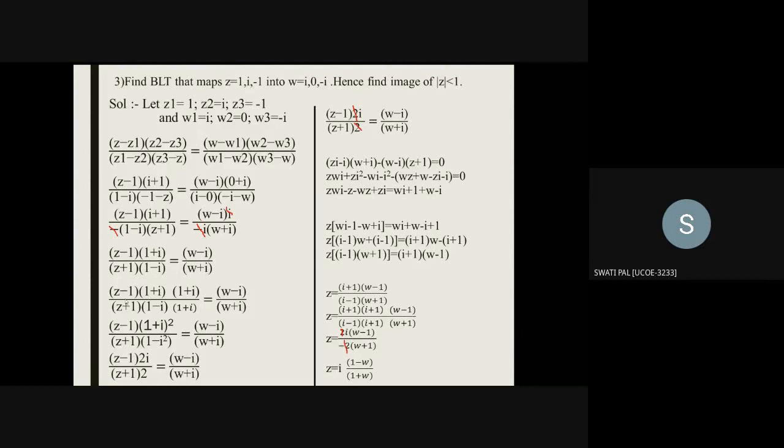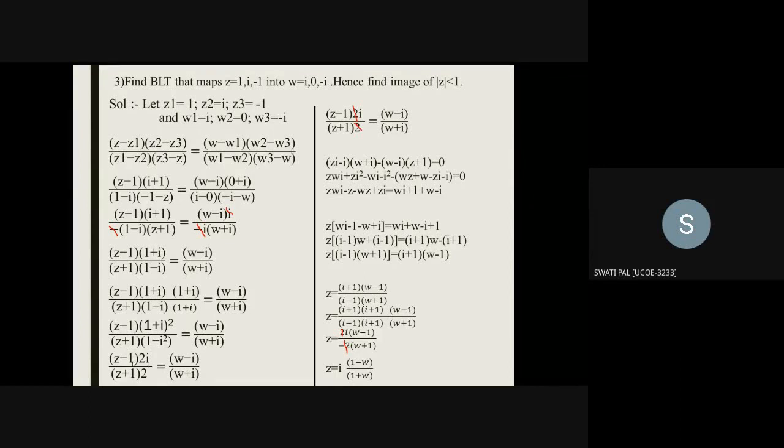Now we will use the rationalization property on the left hand side. We will multiply and divide by (1 + i), and the equation becomes (z - 1)(1 + i) whole square upon (z + 1)(1 - i)(1 + i) equals (w - i) upon (w + 1).